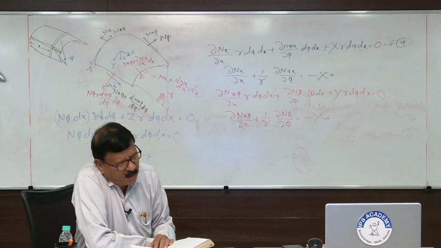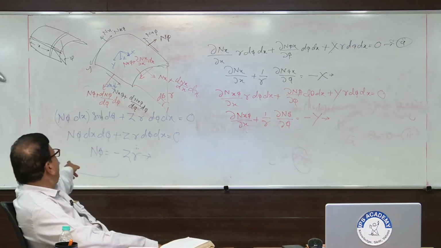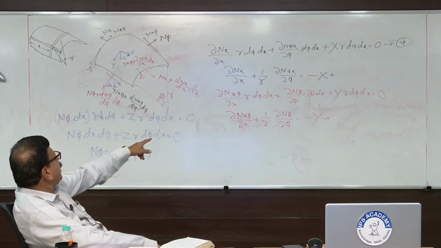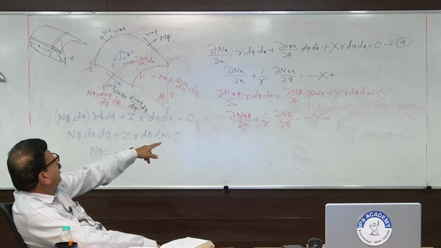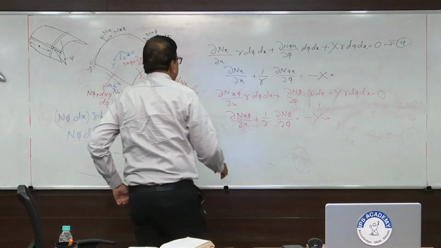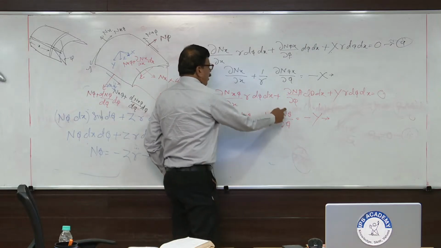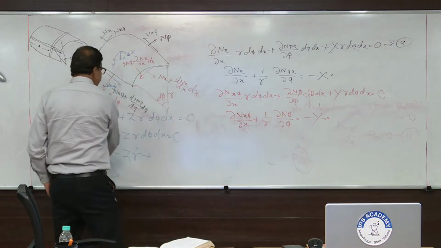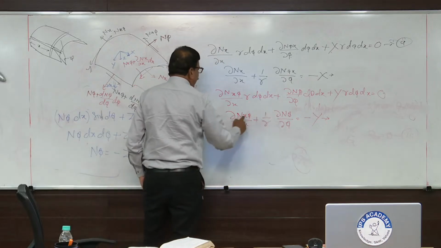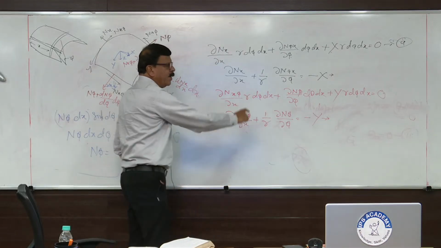Substituting this value of n phi in the second and integrating, we can get the value of n x phi.